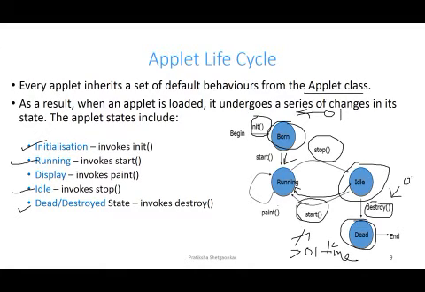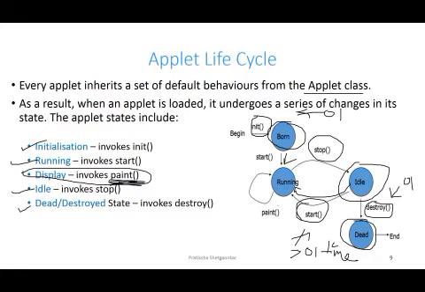Next is the display state. Whenever the applet moves to the display state, it has to perform some output operations on the screen. That is when we say that the applet is in the display state. Almost every applet will have a paint method that does the job of outputting the applet output onto the screen.